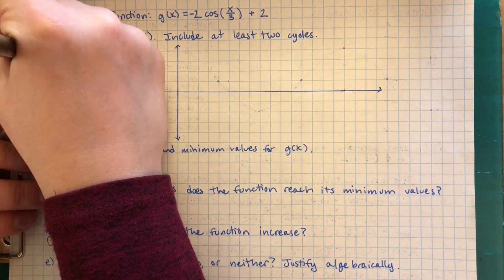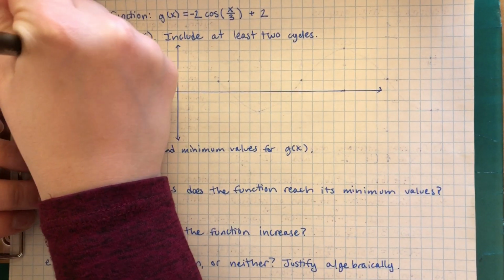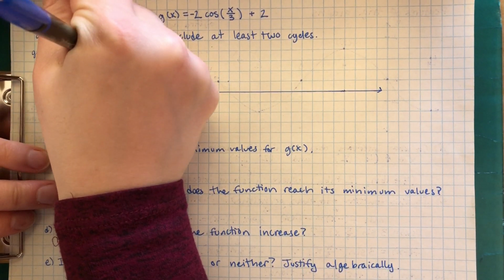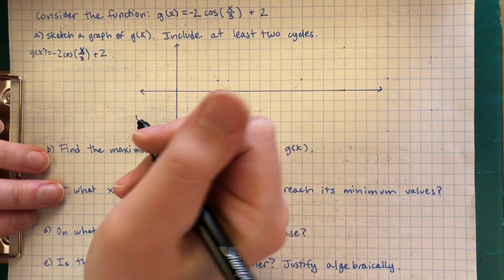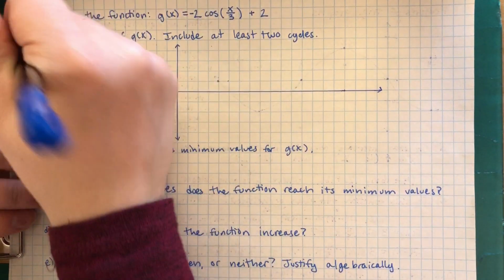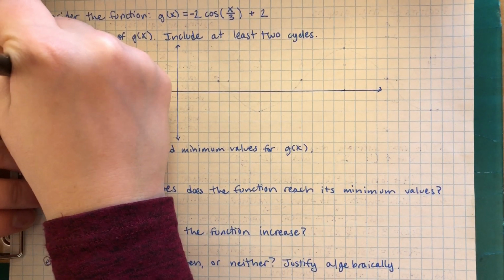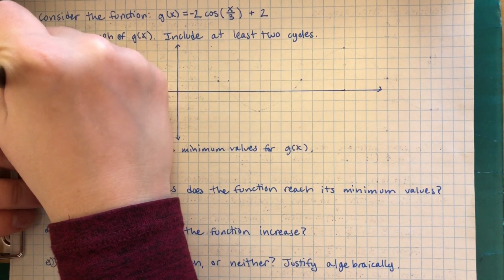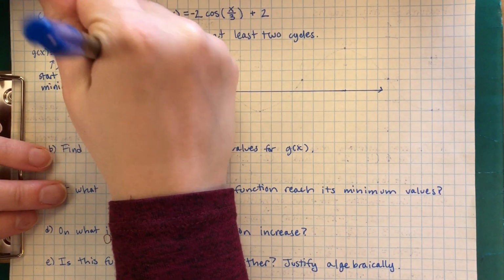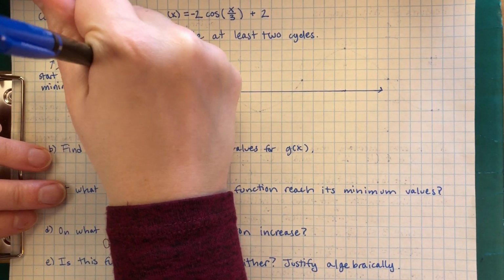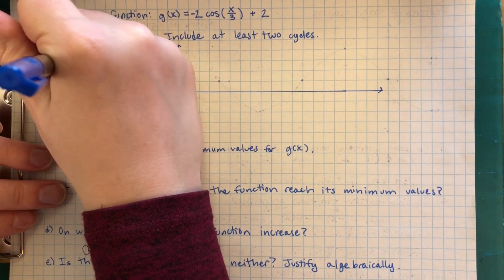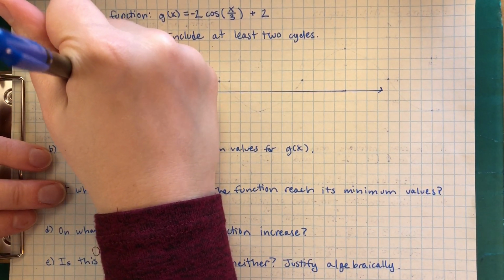So negative cosine means I start at the minimum. This plus 2 is the midline. And this 2 tells me the amplitude.